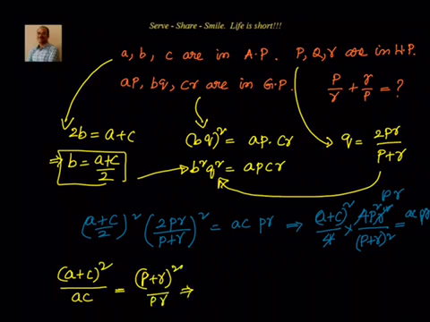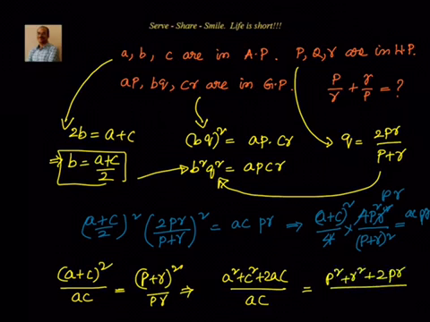Now let's expand this. I have A square plus C square plus 2AC divided by AC is equal to P square plus R square plus 2PR divided by PR. Now I see that P square plus R square by PR, that is what we need, P by R plus R by P. So we seem to be going in the right direction. So let's go ahead to the next step.